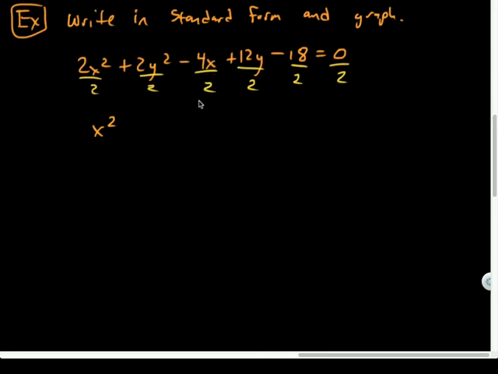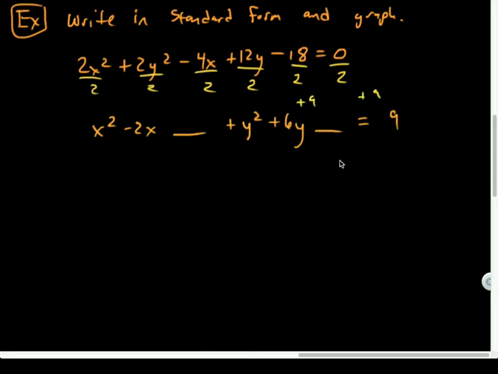So negative 4x divided by 2 is negative 2x, and I'm going to have a blank there. And then my y's, so then that'll be plus y squared. And let's see, 12y divided by 2 is 6y, all right? And then I'll have a blank. And 18 over 2 is 9. I'm going to actually add that to the other side as well. Okay, so I also added 9 to both sides here.